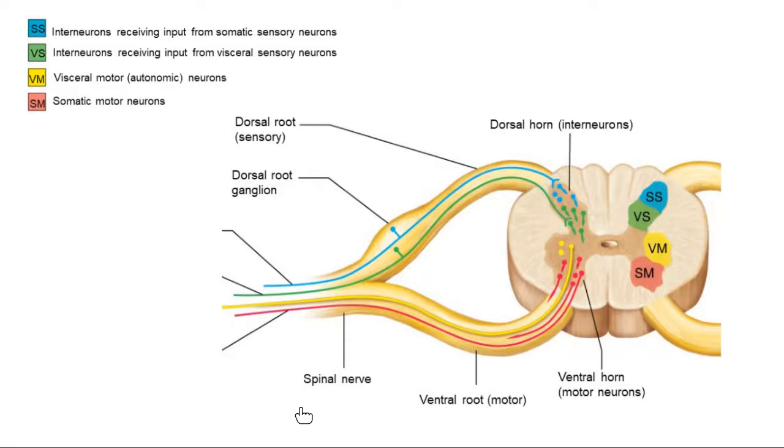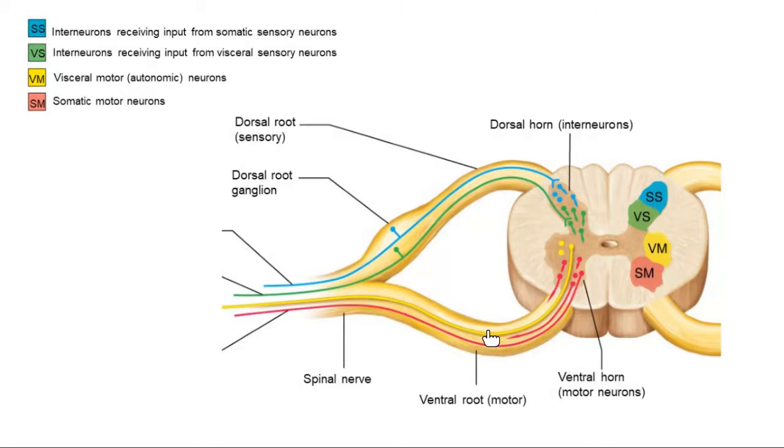First thing I will remind us is that we can see our dorsal root ganglion right here in the back. So this bump on the dorsal root is the dorsal root ganglion. That tells me that this is the back side of my spinal cord. My ventral root then coming off of the front side of the spinal cord.